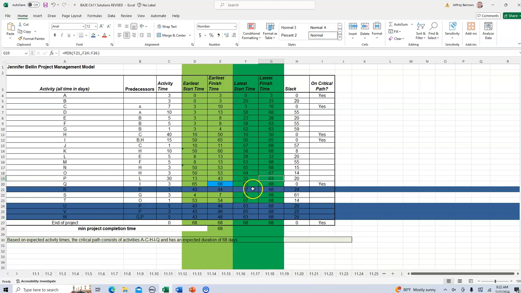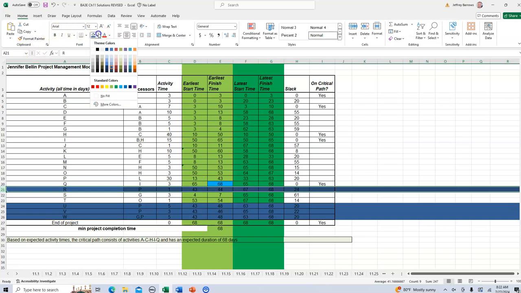Because again, it has to finish before U and W can start. So day 63 is the late finish time for activity P. I subtract the 30-day activity time, and it starts on day 33.